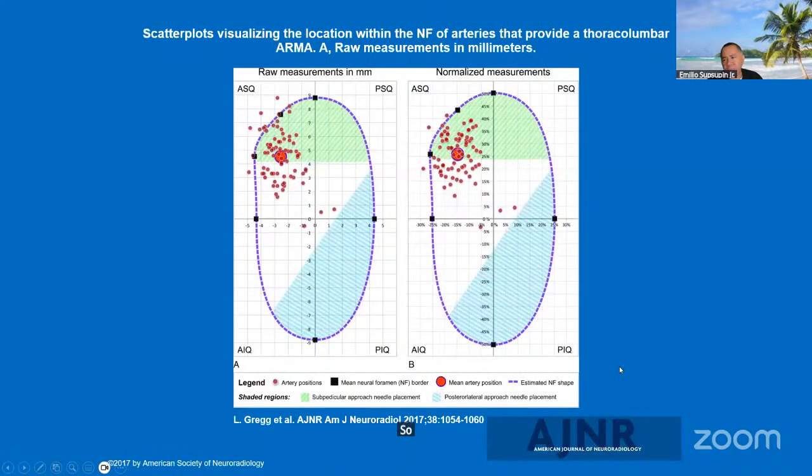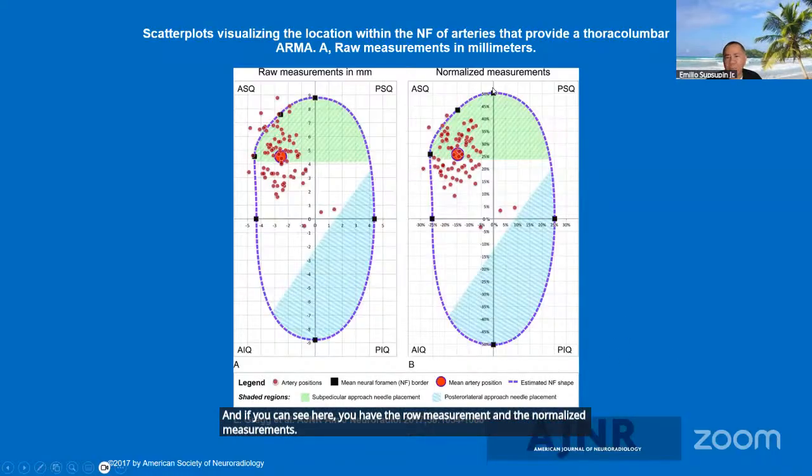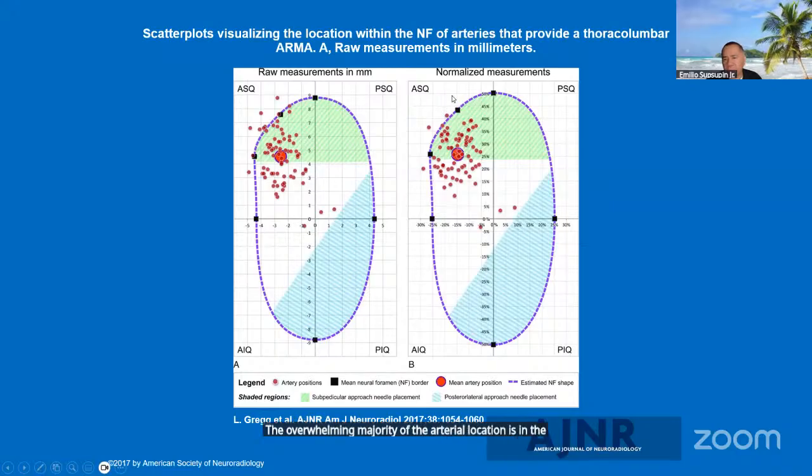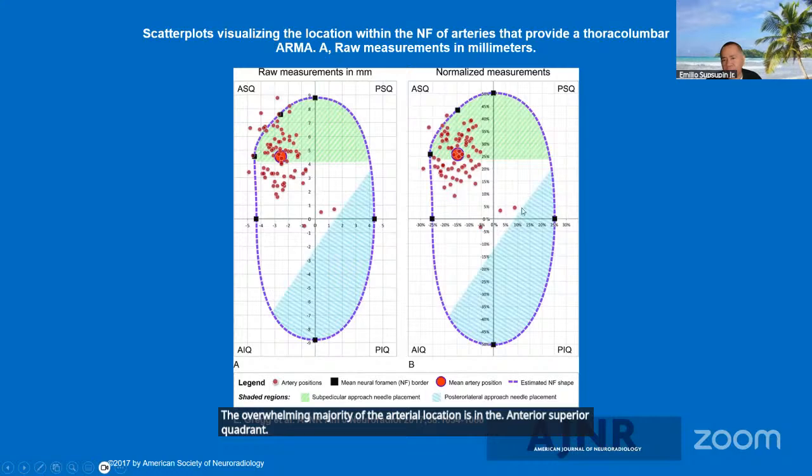So they did a scatter plot. Again, this is for purposes of injection through the foramina. And you can see here the raw measurement and the normalized measurements. The overwhelming majority of the arterial location is in the anterior superior quadrant. There's a few in the posterior superior quadrant.